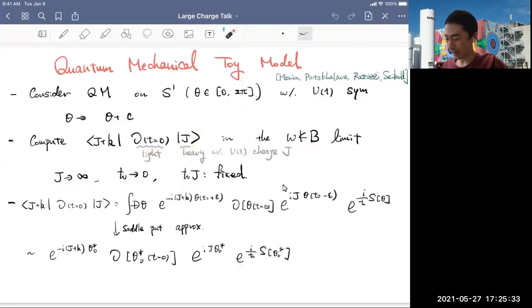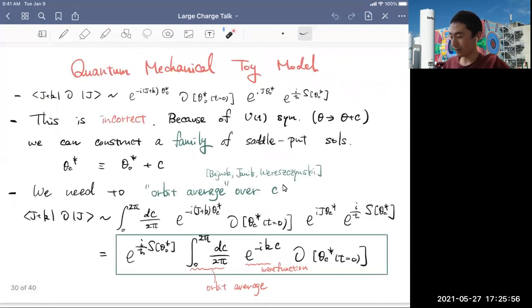If you want to analyze it in this limit, because it's the WKB limit, it's going to be given by some saddle point approximation. So you first write this path integral, and you assume that the path integral is dominated by some saddle point. And that gives you this expression. However, this expression by itself should be incorrect, for a simple reason.